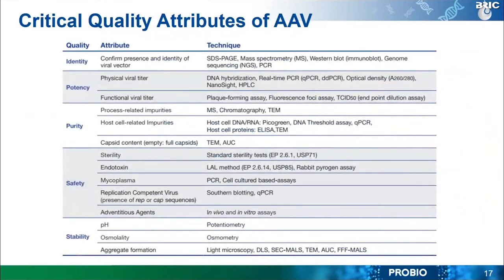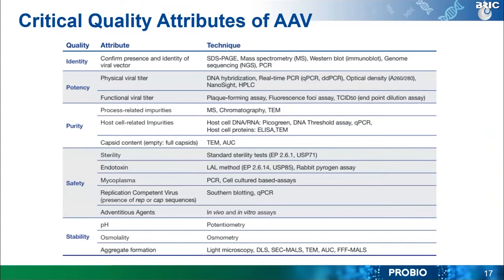Here I showed the quality attributes of our AAV. As you may know, AAV product will be directly injected into the human body, so the AAV product must meet rigorous safety guidelines. This is an overview of analytical methods used in viral vector manufacturing, including virus particle quantity, identification, potency, purity, and safety.